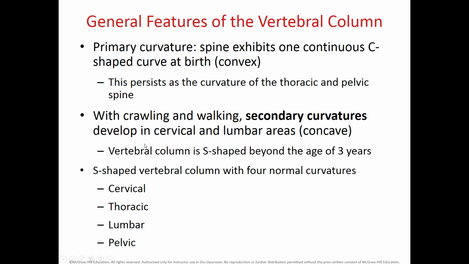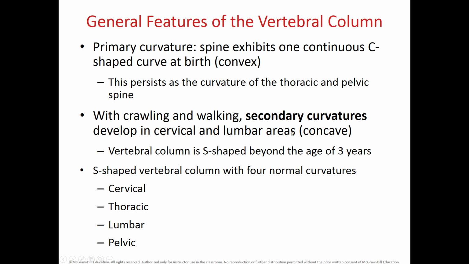Now the secondary curvatures develop after we're born. The first one that we develop is the cervical, which develops as we start lifting our head up, and then we have the lumbar, which develops once we start walking.